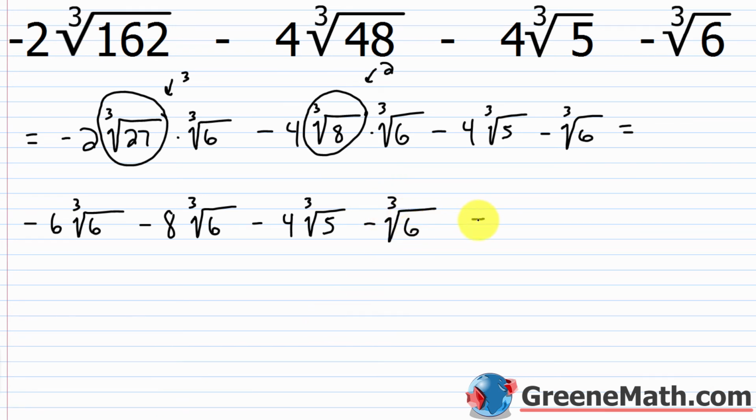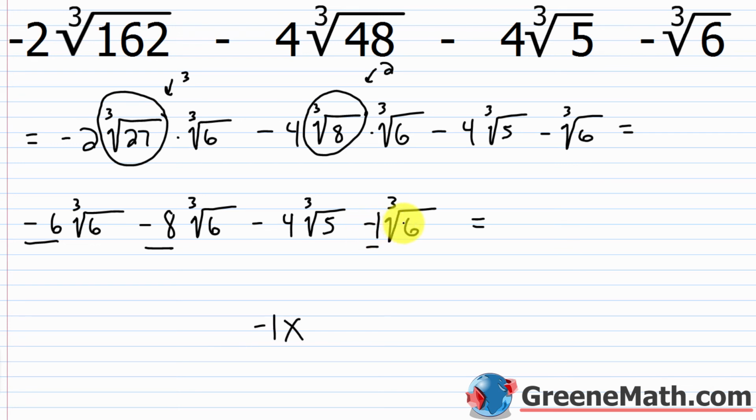Now, what can we combine? When we think about like radicals, we have the cube root of 6, the cube root of 6, and the cube root of 6. So I'm just looking at what's multiplying in front. So negative 6, negative 8, and then this is understood to be negative 1, right? So it's just like if I had a negative x, this is understood to be a negative 1 times x. Same thing here.